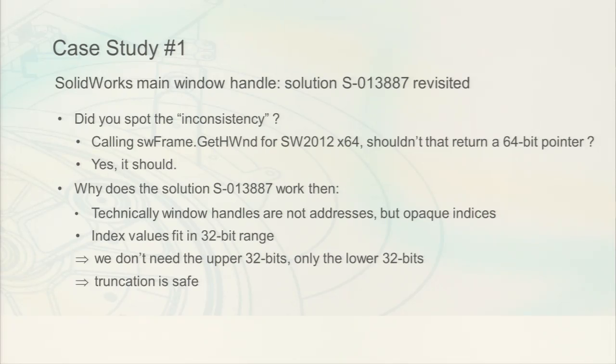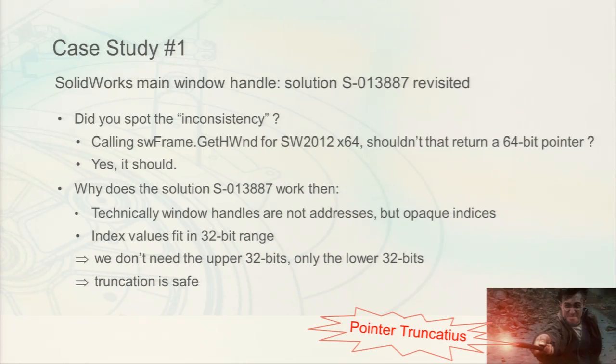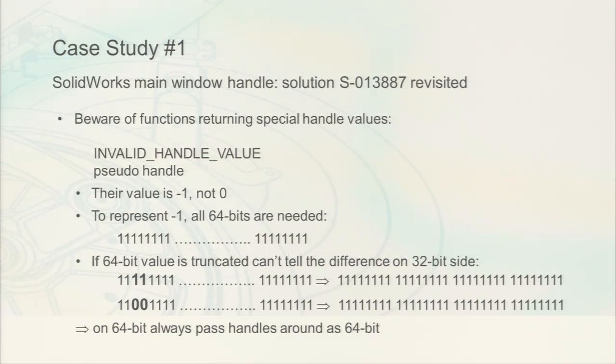It's very tricky, and it's what we call pointer magic, right? Harry Potter. You have to put a spell on this to make this work, and you have to know what you're doing. So this truncation was safe to do. But again, be careful, because in the Win32 API, there are lots of functions which will give you back a handle, but it's a special value.